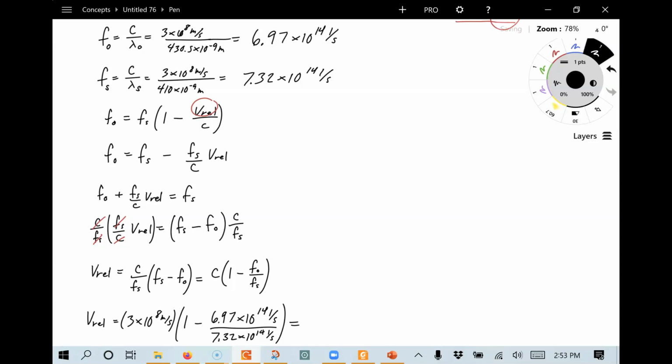Putting that into the calculator, we get a value of 1.43 times 10 to the 7th meters per second. And so that's the relative velocity of that distant galaxy as it is receding, moving away from planet Earth.